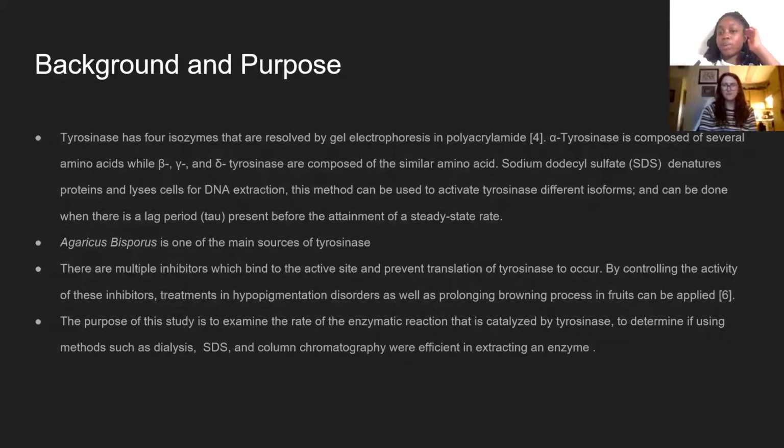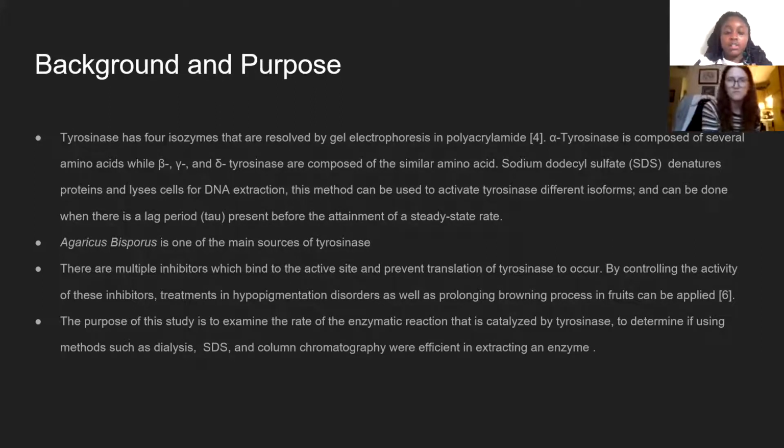SDS, also known as sodium dodecyl sulfate, denatures proteins and breaks down cells for DNA extraction. This same method can be used to activate tyrosinase in different isoforms, and this can be done when a lag period is present, before the attainment of a steady state.